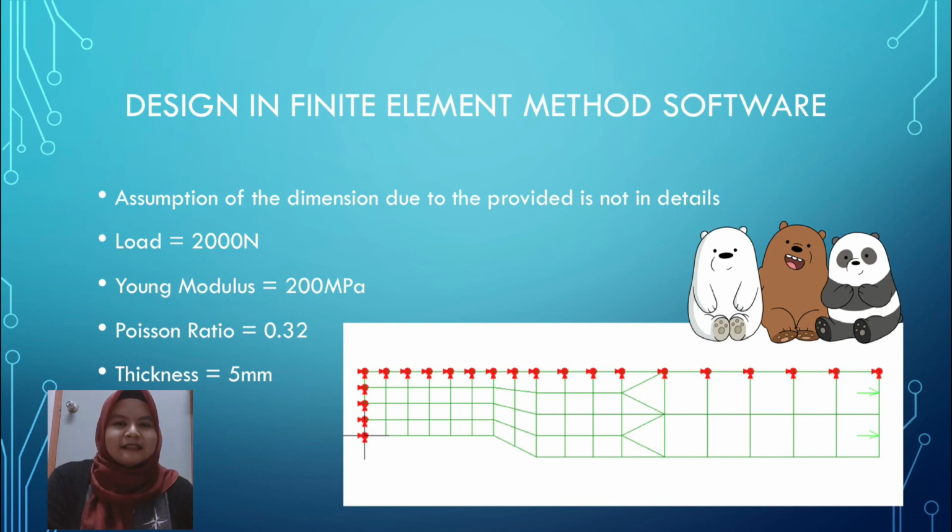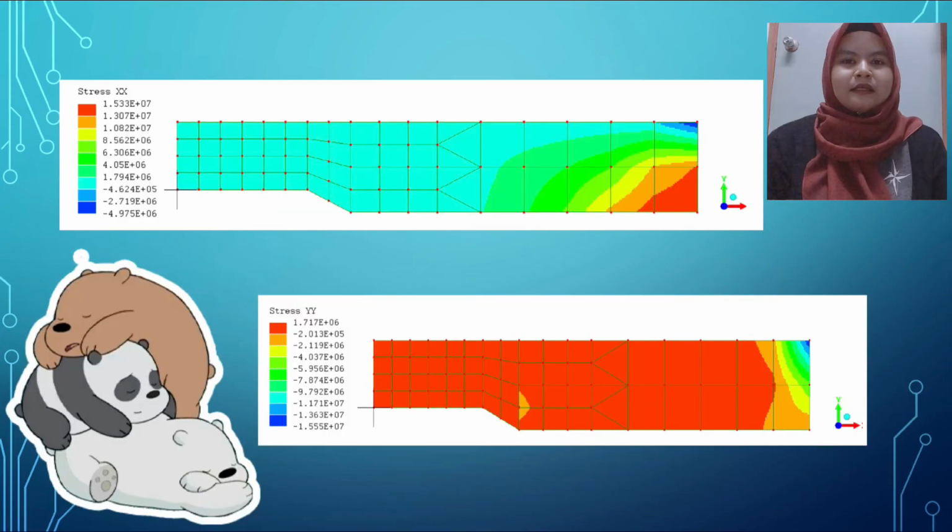Since the detailed information is not given, I assume that the load, Young's modulus, Poisson's ratio and thickness values are the same as the previous part because it applies to a beam. So I assume that the details are the same. Then the analysis result for the stress is obtained.